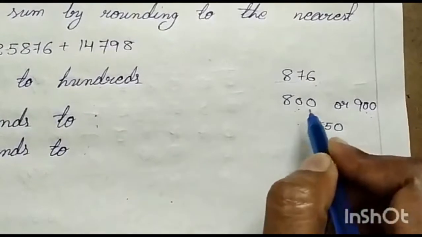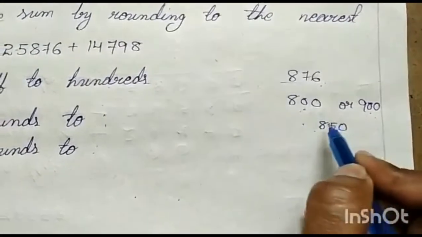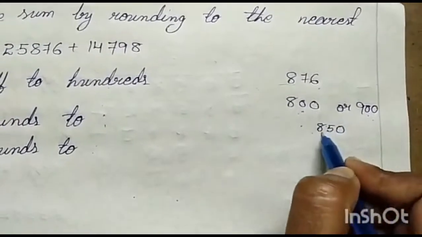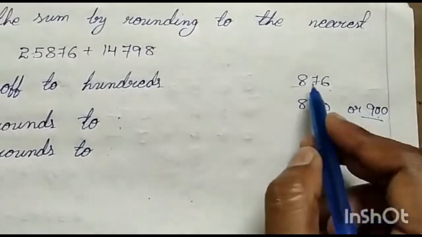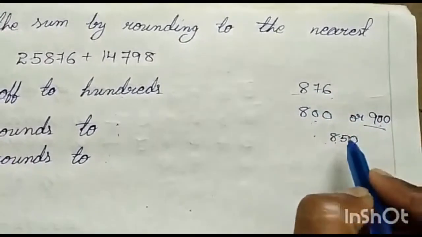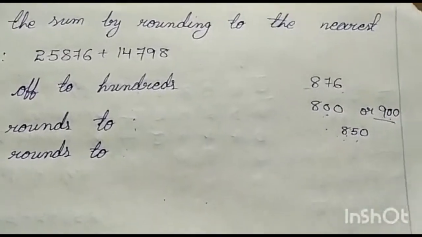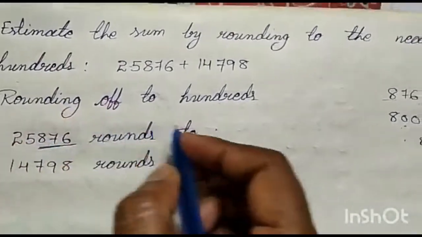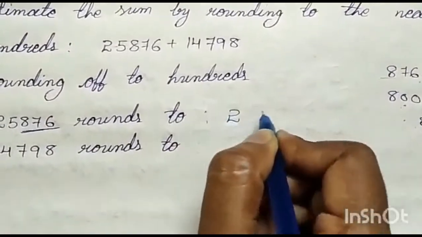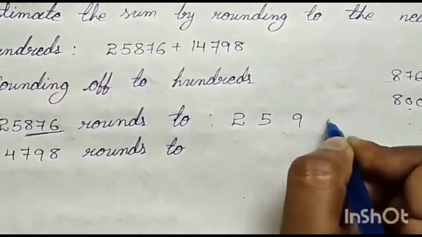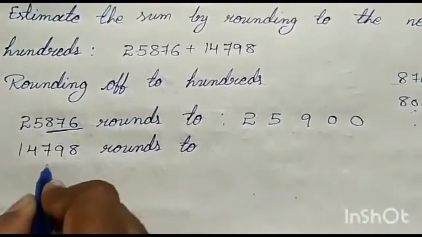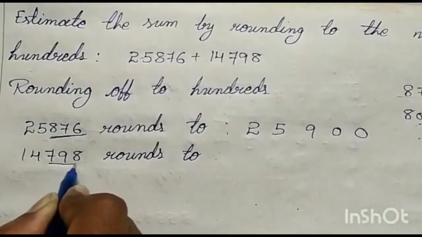Below 850 it is nearest to 800. At 850 or above 850 it is nearest to 900. Now 876 is above 850. So it is nearest to 900. So 25,900.